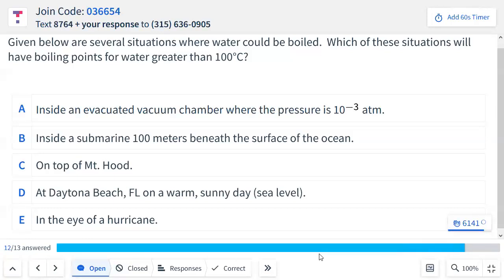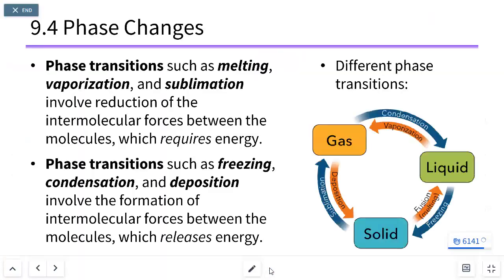So just like the cabin of an airplane is pressurized to prevent similar kinds of forces from acting upon it, same kind of thing here. Pressurization happens to keep the submarine intact, which means that the atmospheric pressure inside of that submarine is going to be greater than 1 atmosphere. And so it's going to require more energy to boil it. Our boiling point would be above 100 degrees in that circumstance.